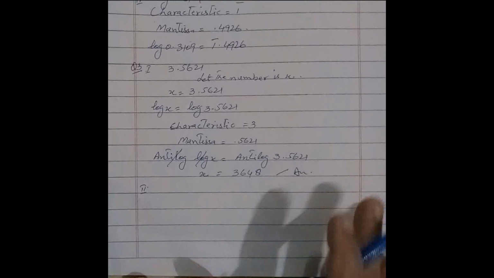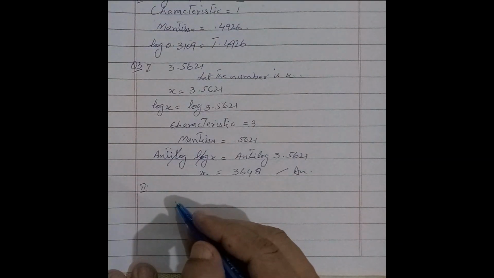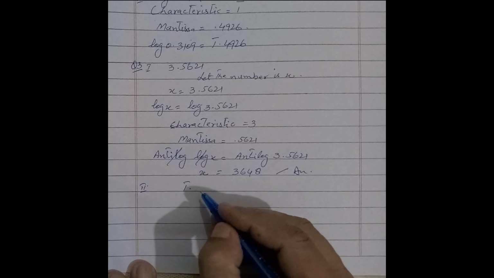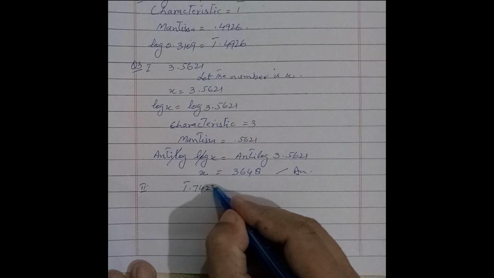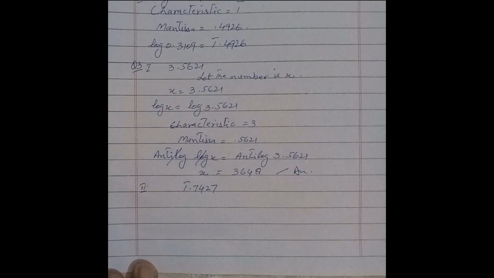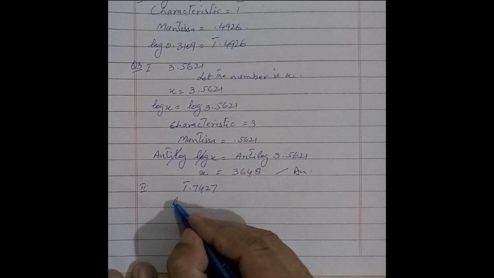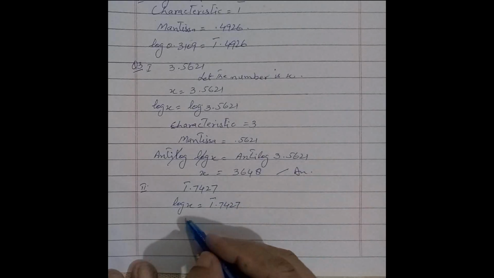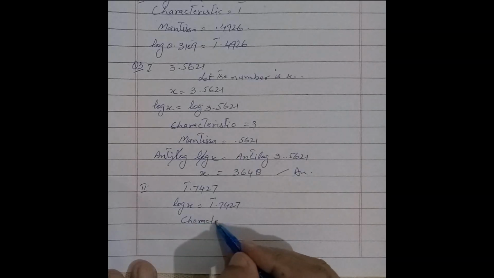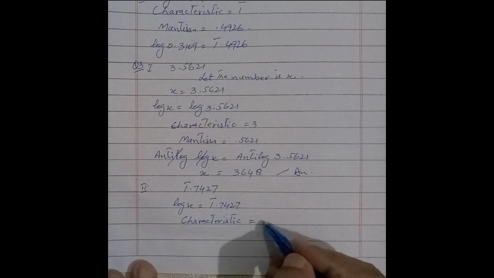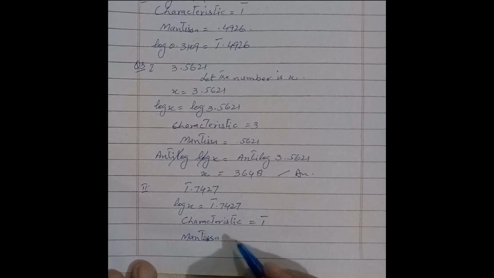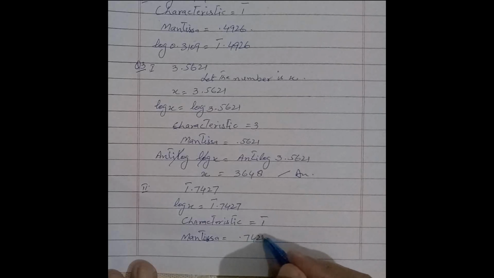And part 2: the value is 1 bar 0.7427. Let the number be x, and we take log on both sides. Log x is equal to 1 bar 0.7427, in which the characteristic is -1 or 1 bar, and the mantissa is equal to 0.7427.